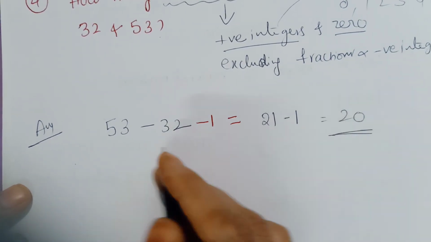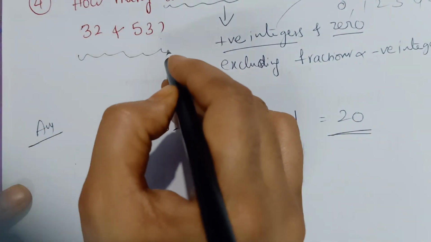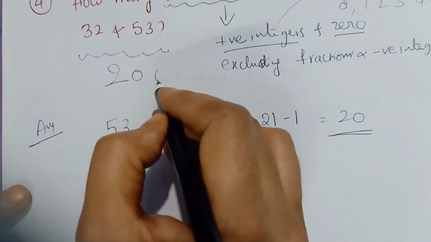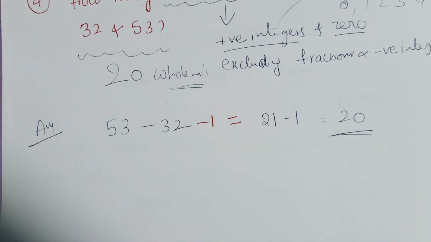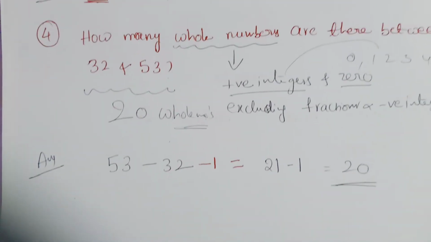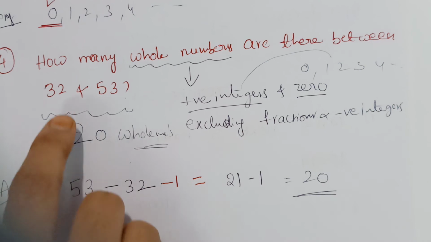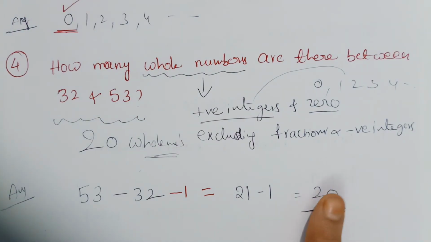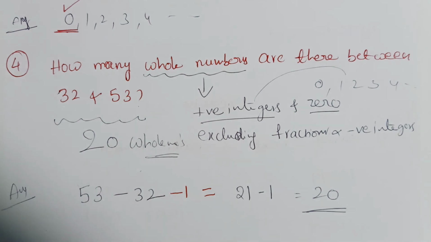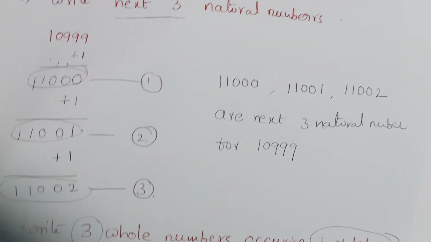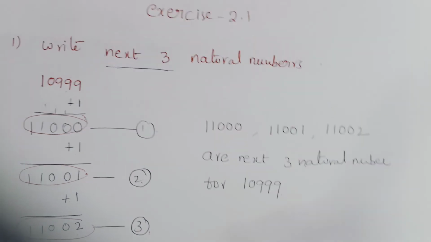So there are 20 whole numbers between 32 and 53.